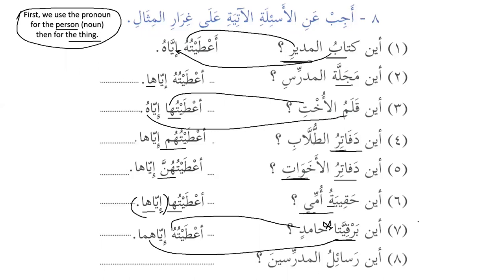Okay. أين رسائل المدرسين؟ أعطيتهم إياها. I gave it to them. One of the reasons I always want all of my students and myself as well to practice the dual is that generally in most of the books we have lots of practice for the third person and also for the second and the first person.